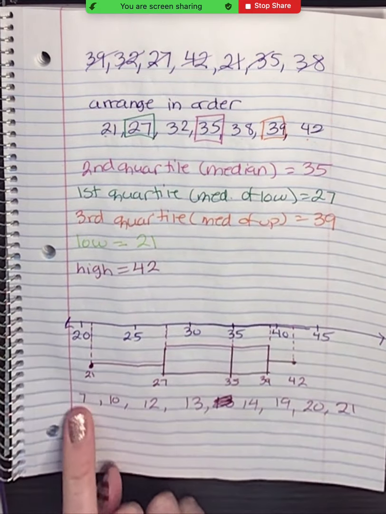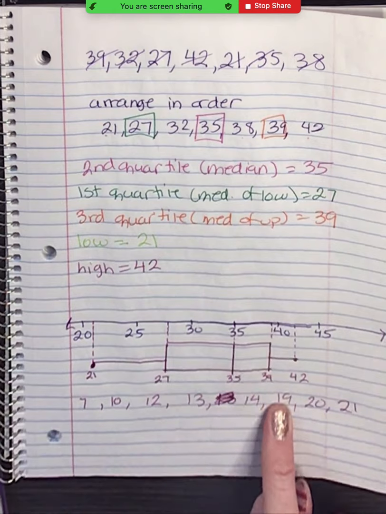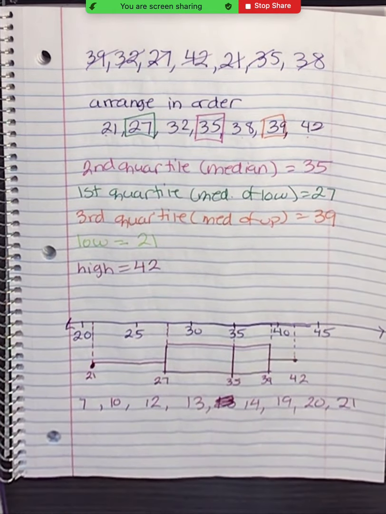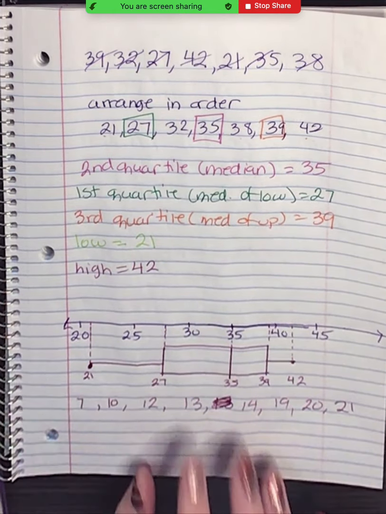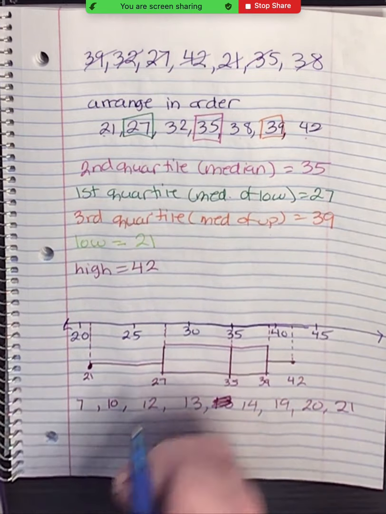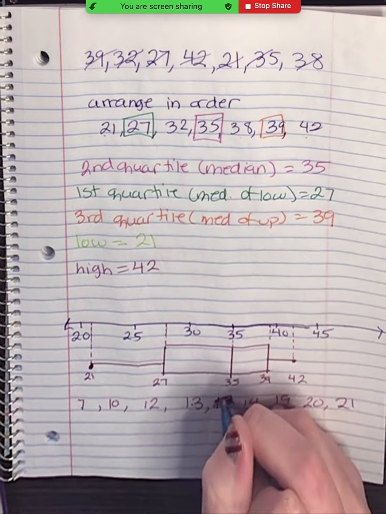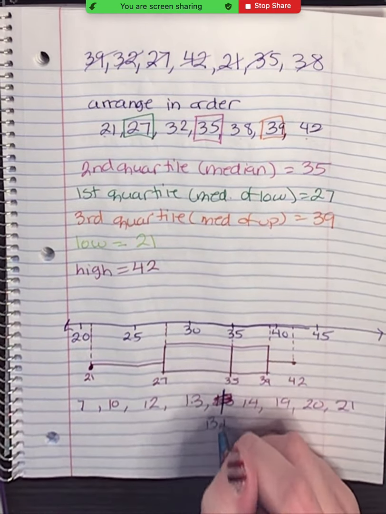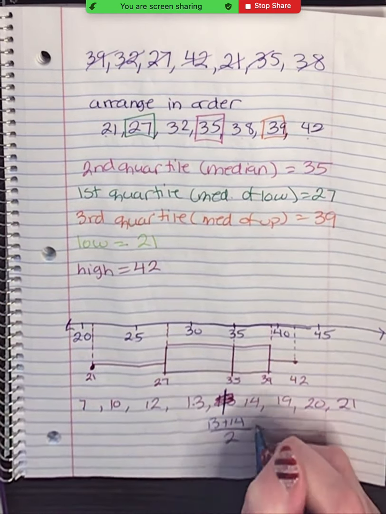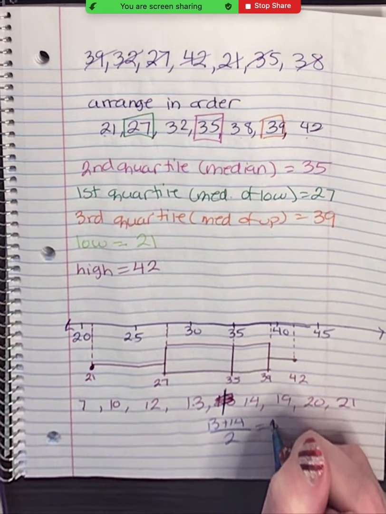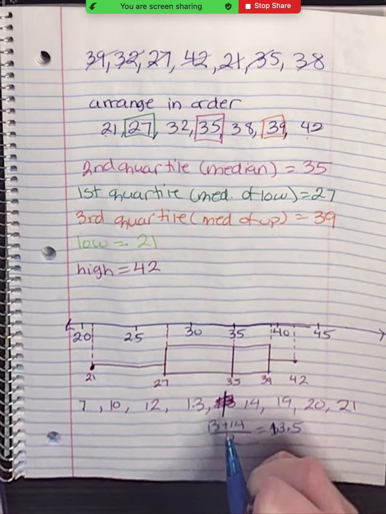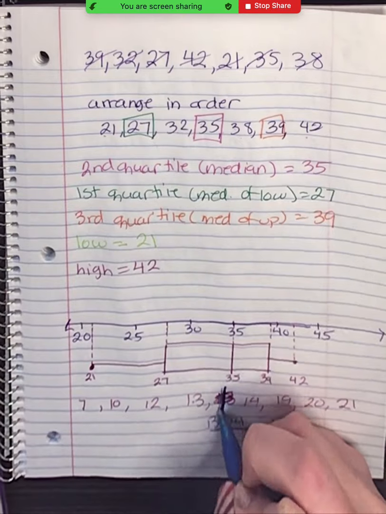So 1, 2, 3, 4, 5, 6, 7, 8. You go to take the median, right? And the median is the middle. So I have 1, 2, 3, 4, and 1, 2, 3, 4. So the median is in between 13 and 14. So I add them together and divide by 2. So I get my median is 13.5. So that is your second quartile.